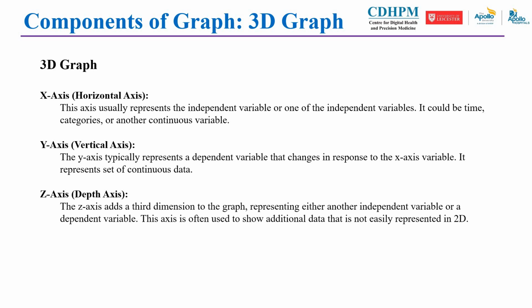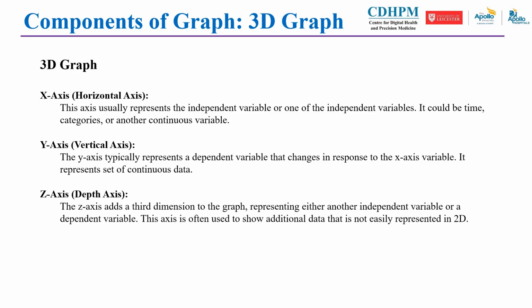So usually in a three-dimensional graph you have a minimum of one independent variable and two dependent variables, or you can have two independent variables and one dependent variable. I'll repeat.